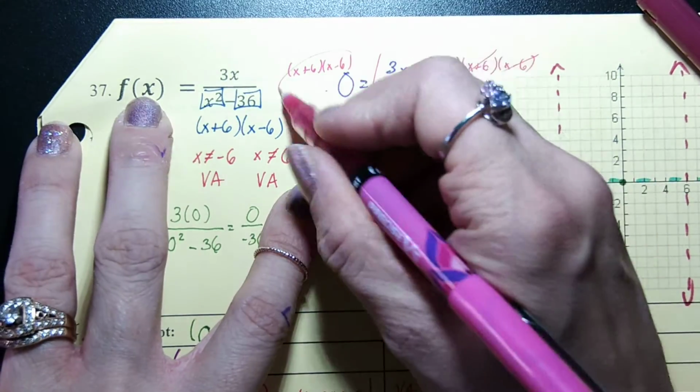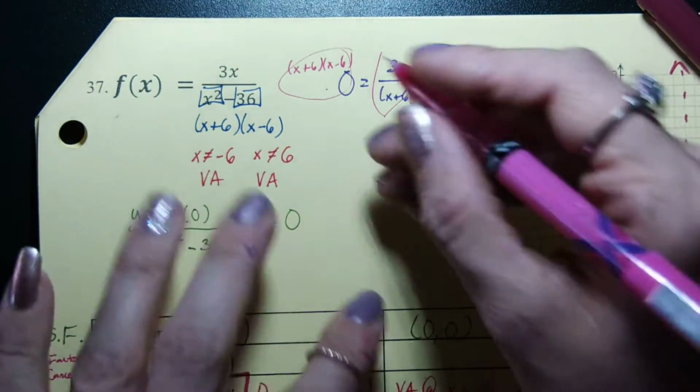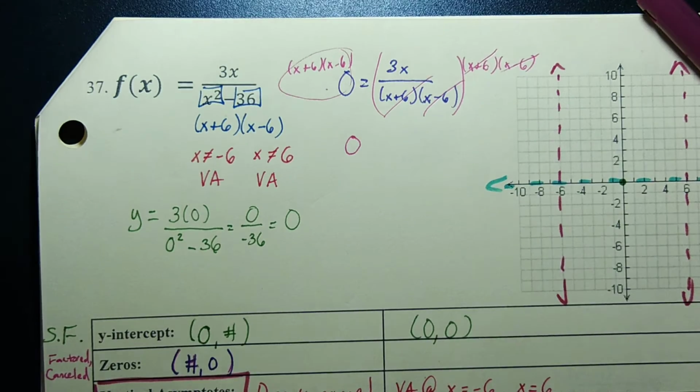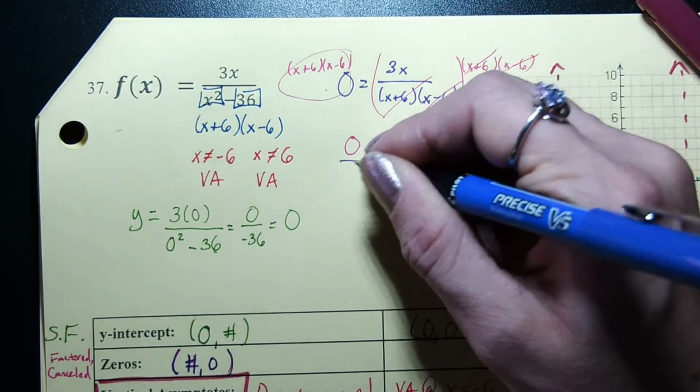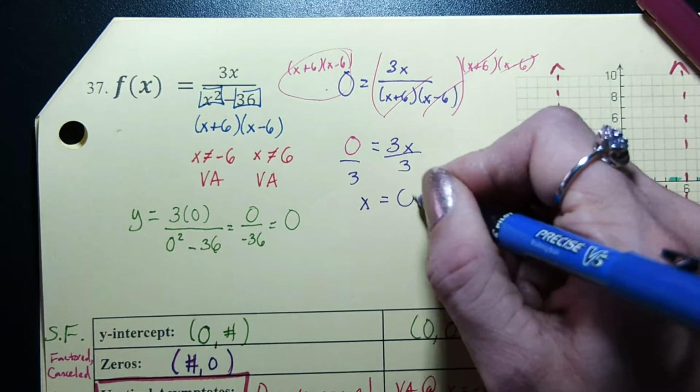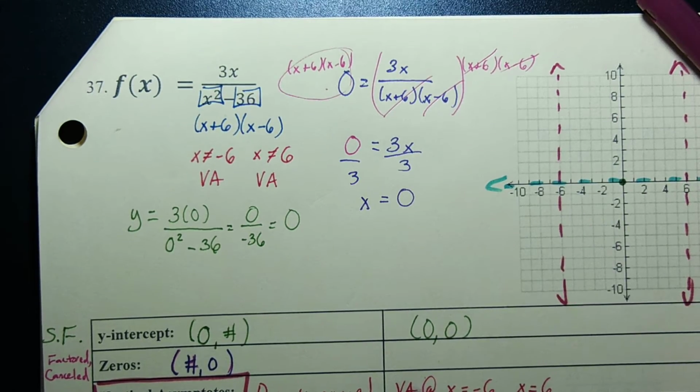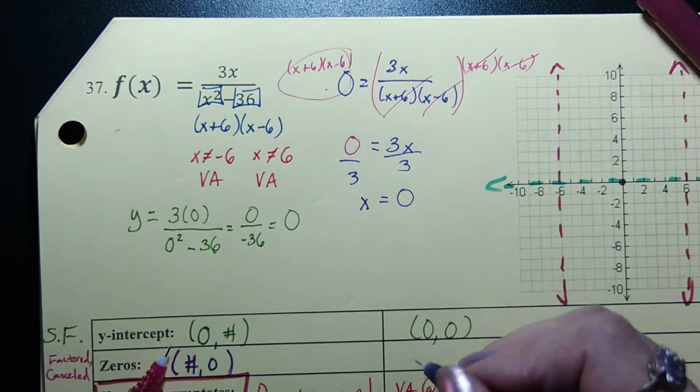Goodbye. All that junk times 0 is 0. It's just going to be 0. Very anticlimactic because we already kind of knew that 0, 0 was a y-intercept, so 0, 0 is an x-intercept as well.